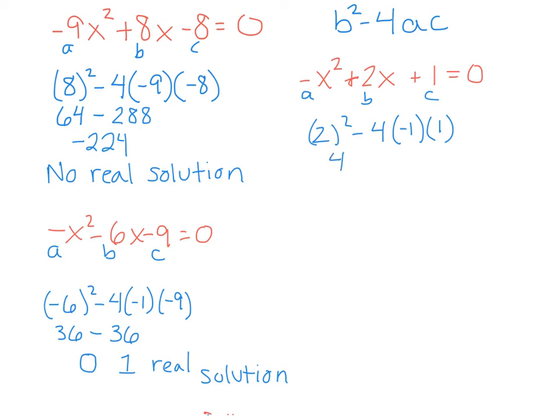So that's 4 minus negative 4, like 4 plus 4. That's 8. If it's positive, that means there are two real solutions.